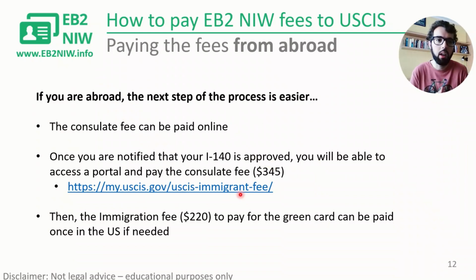That's this link here, but you should get the information from USCIS too. And then the immigration fee, which is a little bit more than $200, is used to pay for the production of the green card, the physical green card copy, and that can be paid once you're in the US if you need to. I think you can also pay before coming, but you have the option of paying afterwards.